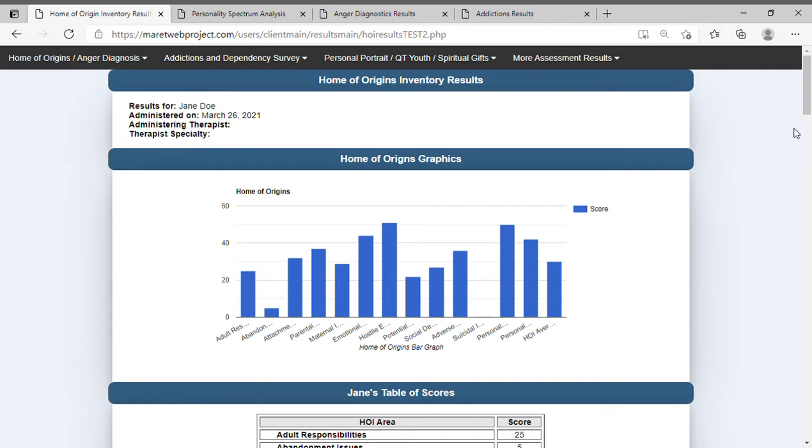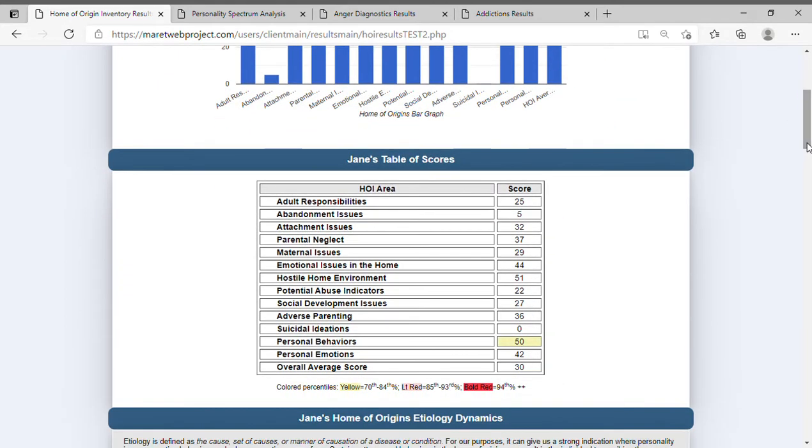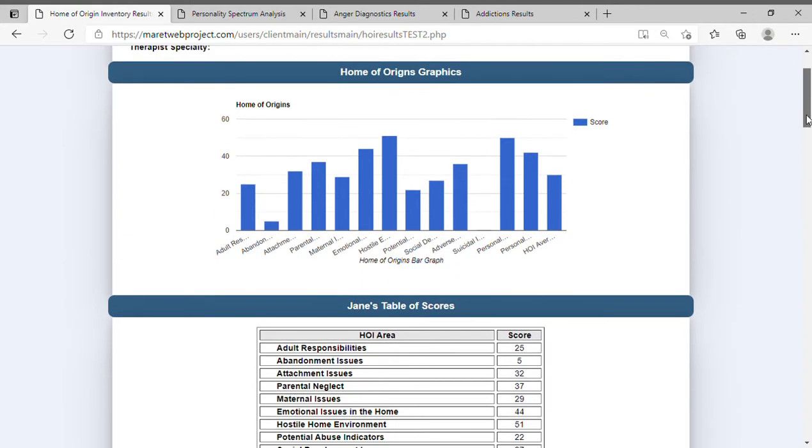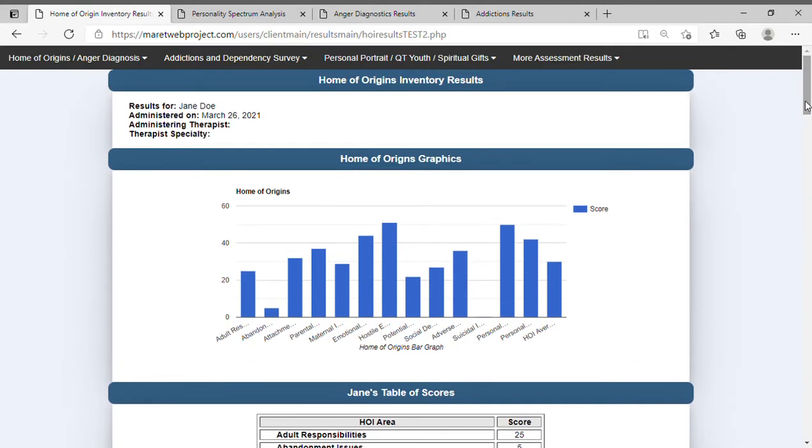The results have been completely rewritten for home of origins. My latest addition is this table here, and the table is integral to understanding the results. The first thing you have to understand is that no amount of scoring from here on over is considered normal or good.